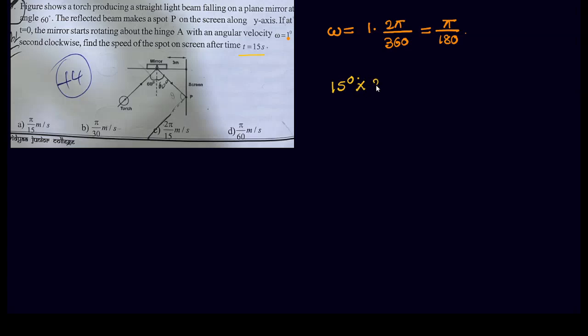So 15 into 2 pi by 360, if we convert it to radians. The reflected ray rotated by this much times 2. So this is 15 into 2 pi by 360 into 2.